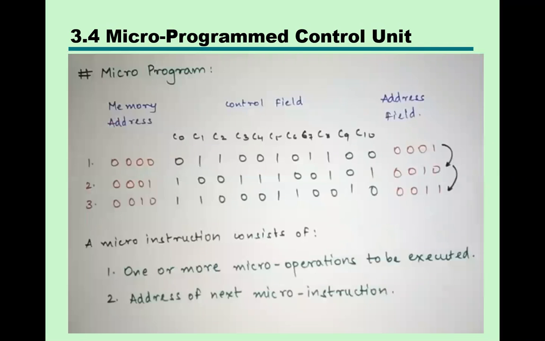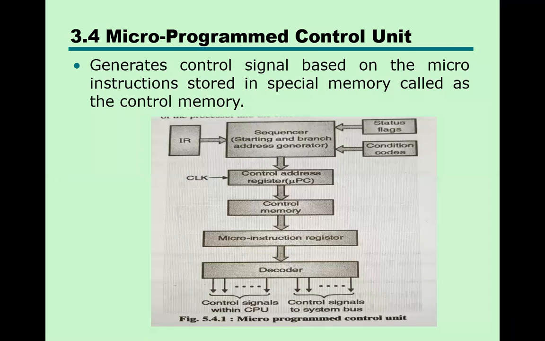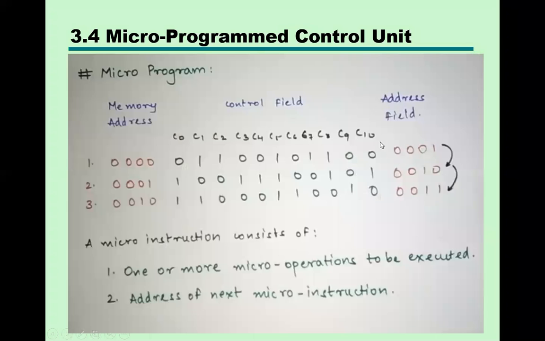So in the microprogram control unit, as we have discussed, each instruction points to a corresponding location in the control memory. As we have seen, all the instructions are stored in a control memory, and we point to an instruction in a sequence one after another in the control memory.